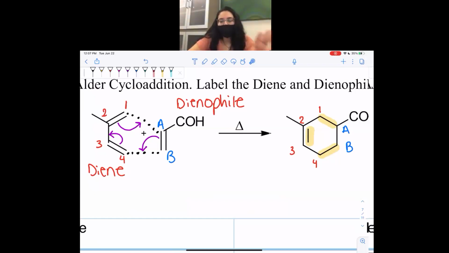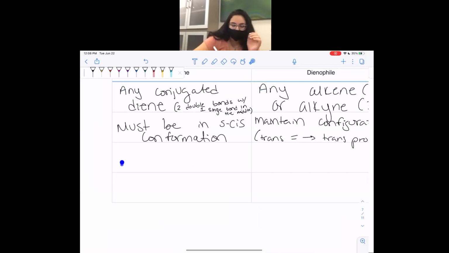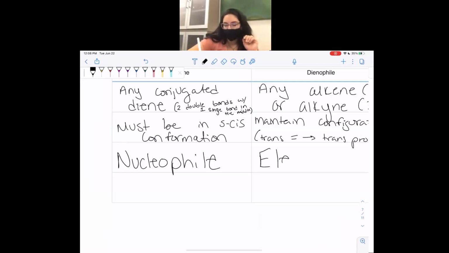So it is complicated, and technically what I'm telling you is not the complete truth because chemistry is complicated, but for the purposes of this class, the diene is always the nucleophile, and the dienophile is always the electrophile. And I will write that down. The diene is the nucleophile, and the dienophile is the electrophile.